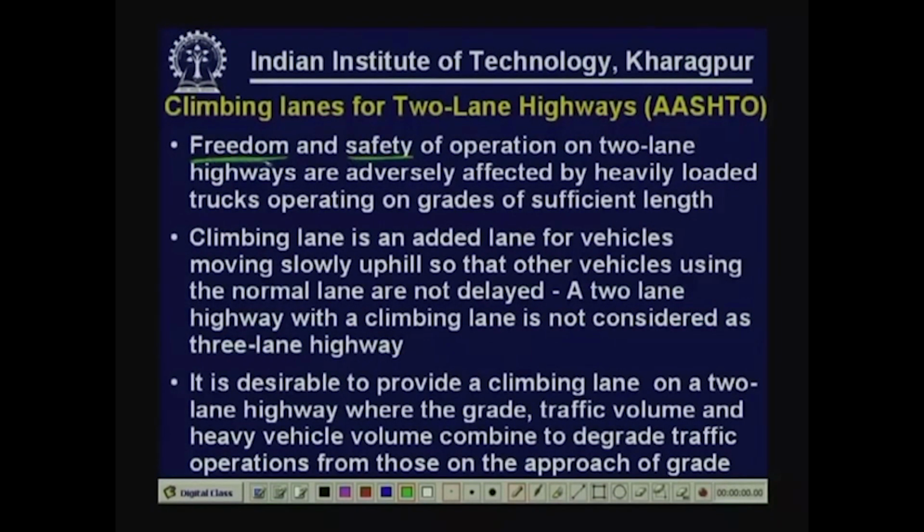Why the freedom of movement? Because often a slow moving vehicle is there, so other vehicles are generally forced to follow that vehicle, because on normal two-lane roads the passing opportunities are limited. So, on long grades the freedom of movement is affected due to the presence of commercial vehicles as well as the grade.